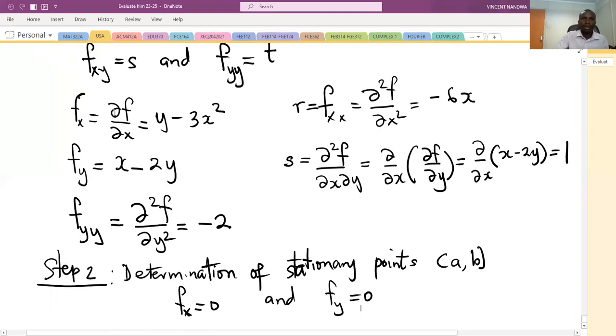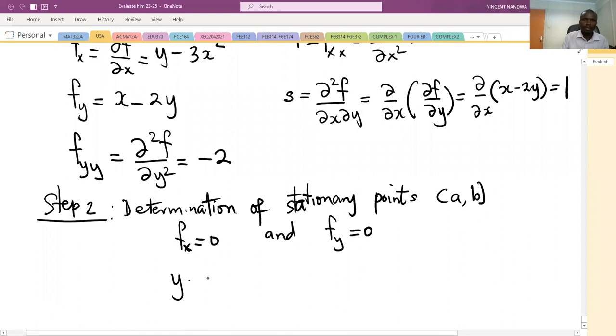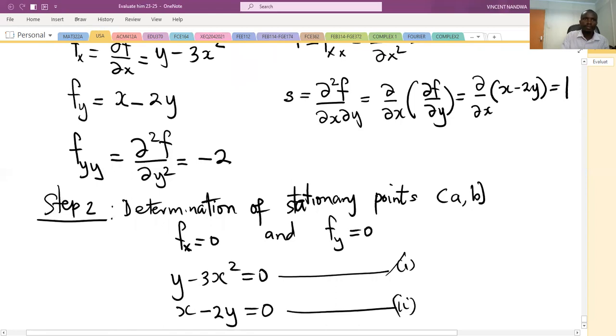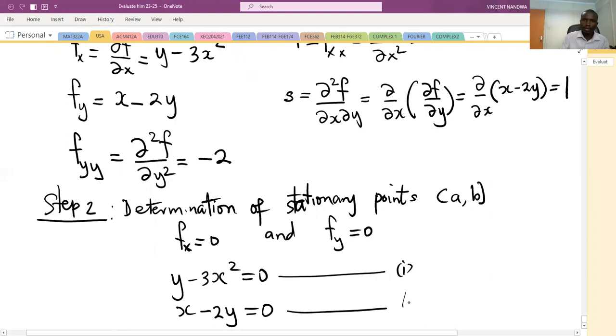So these are fx, so y minus 3x squared equals 0, and then we have x minus 2y equals 0. So we'll solve this system. Call this one equation 1, and this one equation 2.